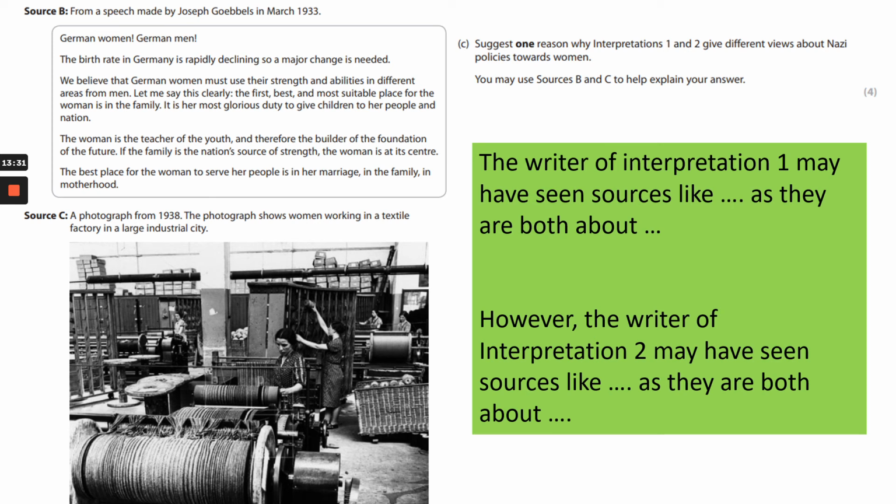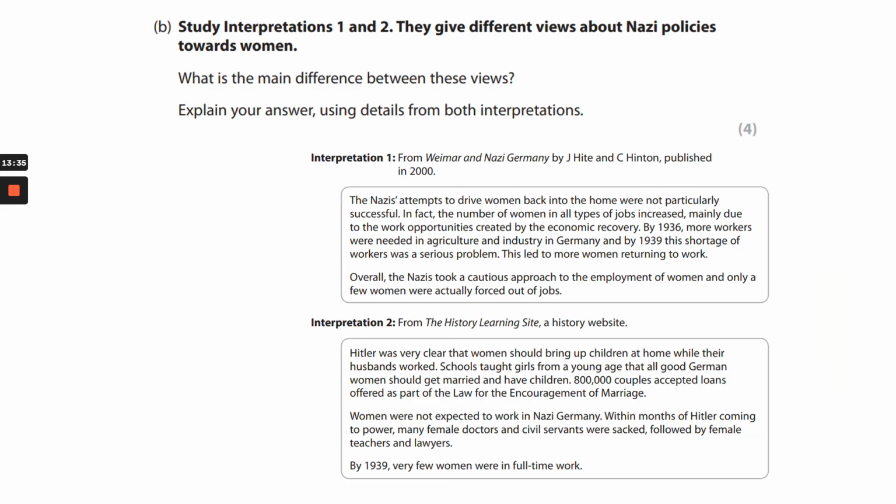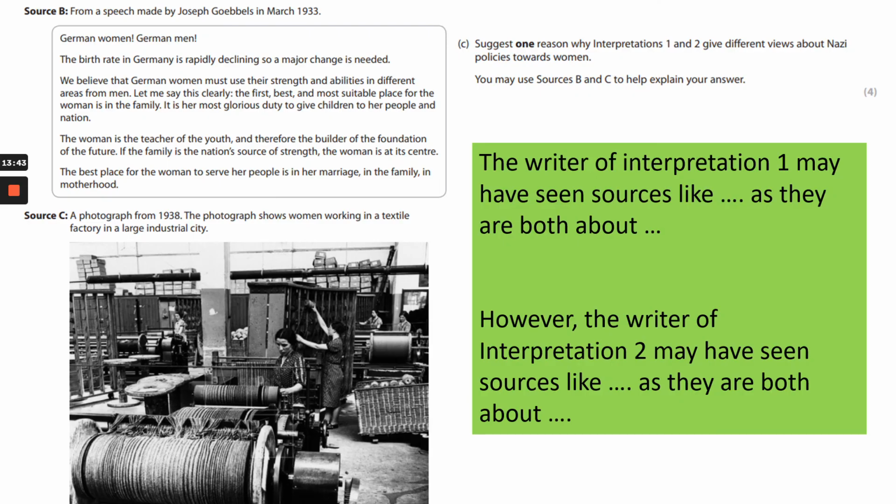You remember this structure. The writer of interpretation 1, remind ourselves, interpretation 1 is Nazis' attempts to drive women back into the work were not particularly successful. Women were working. Okay, is similar to which of those two sources, source B or source C? Well, source C is a factory, whereas source B is Nazi propaganda saying women should stay at home.